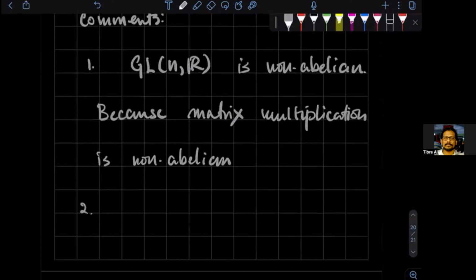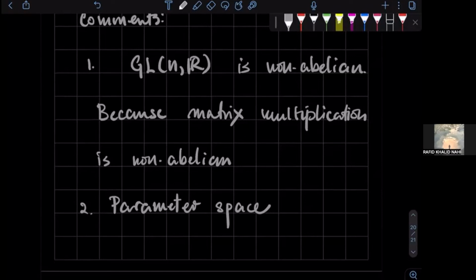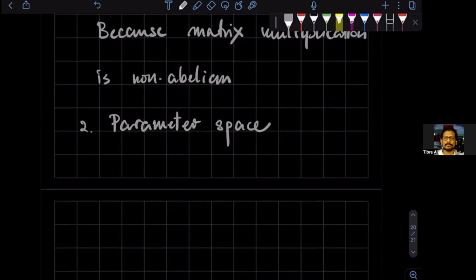Number two is, what is the dimension of the parameter space? What is the parameter space of this group? Can someone try to guess? How many real numbers do we need to specify? N squared, right. So the parameter space, would it be R^(n squared)?